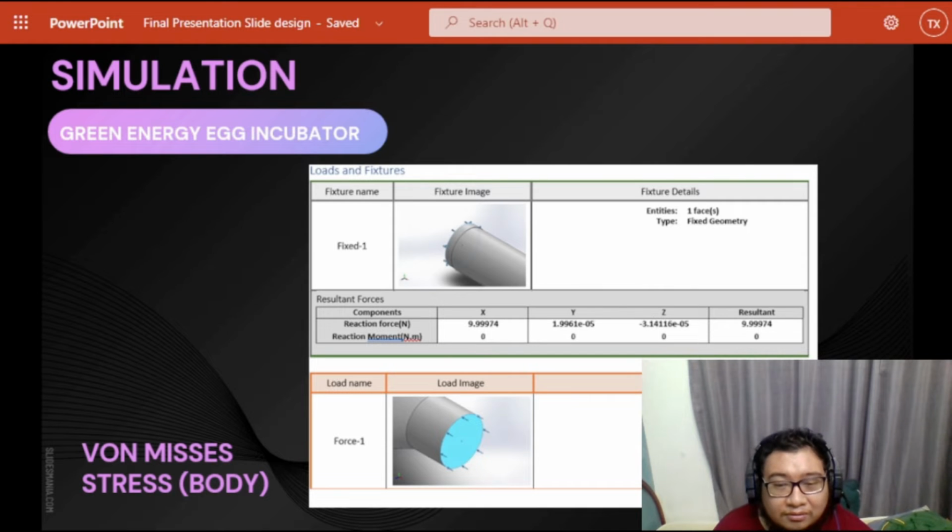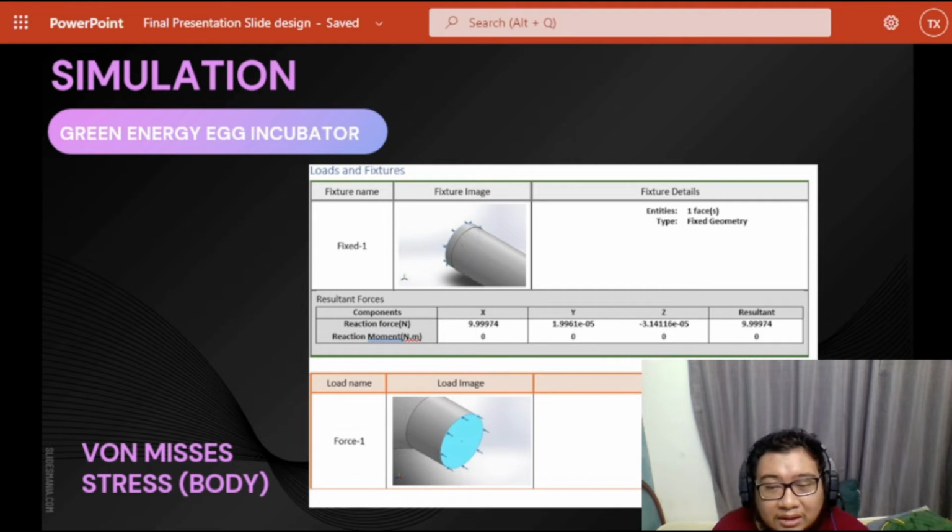So the result is the resultant force for X is 9.99974. For the Y component, which is 1.9961 E minus 0.5, and then the Z is negative 3.14116 E minus 0.5.